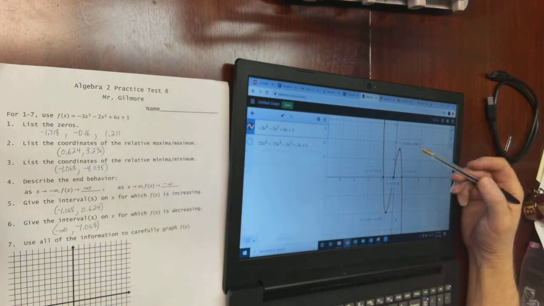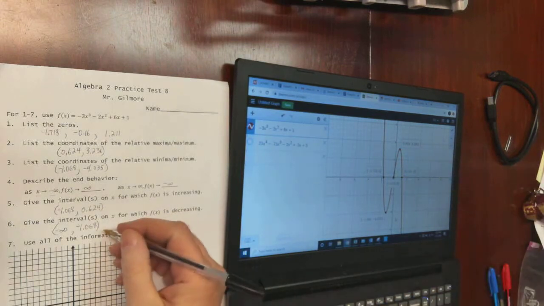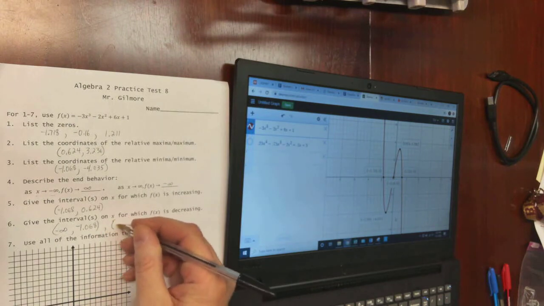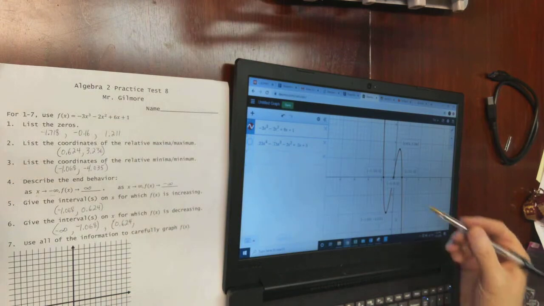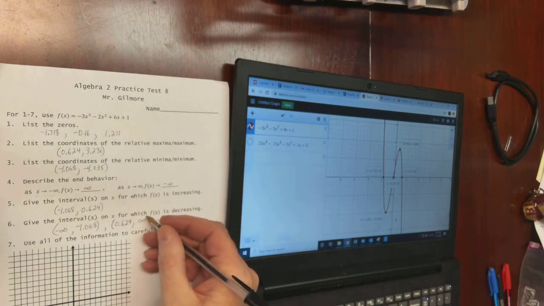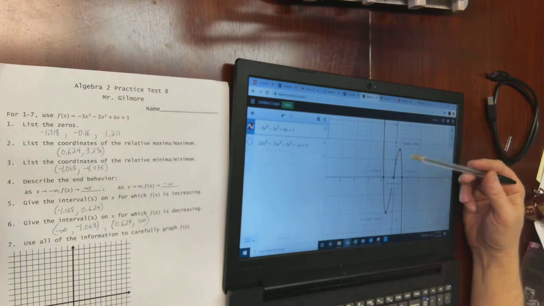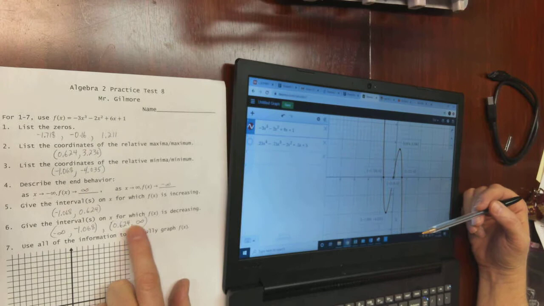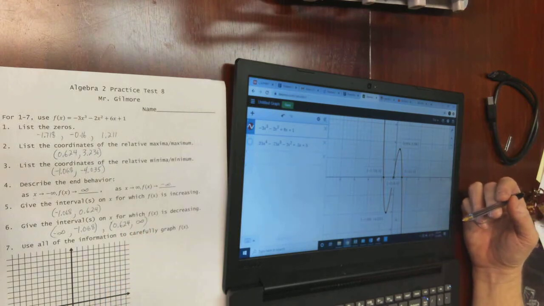And then we decrease again from this x at 0.624 until it just always keeps decreasing on that. Even though it's going down, it's going to the right. The right part is decreasing, so that's why that's a positive, because the x is positive on the right side.